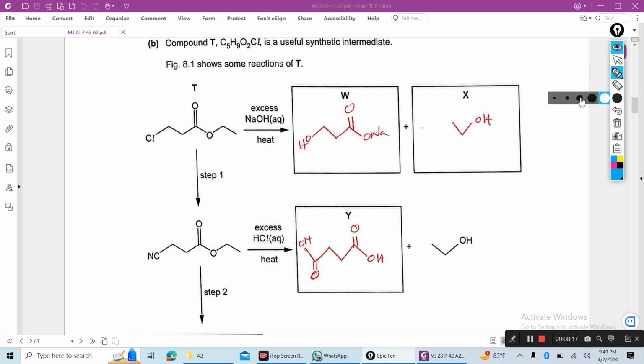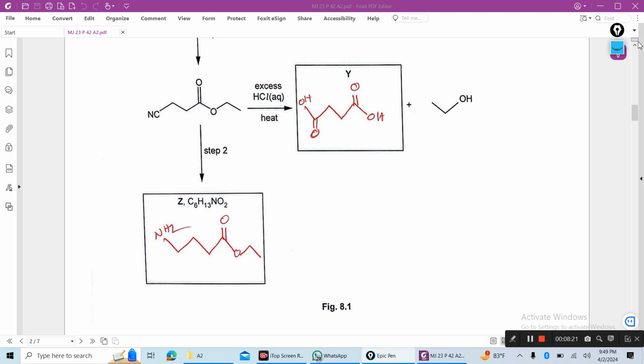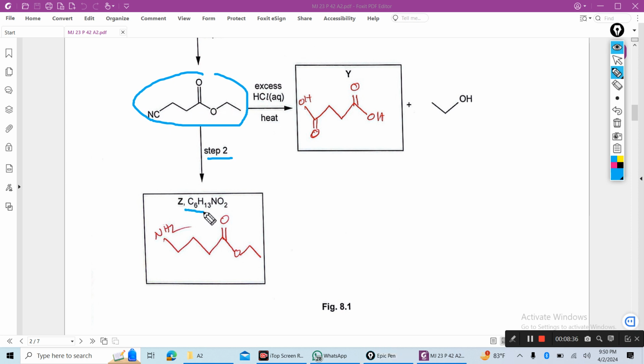And this compound, step 2, produces here 6 carbons, 1, 2, 3, 4, 5, 6, carbon same, hydrogen 4 hydrogen more.